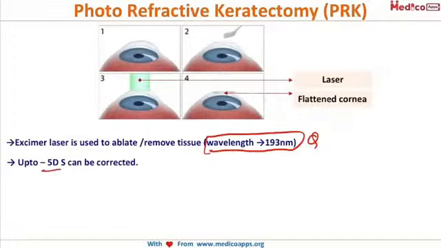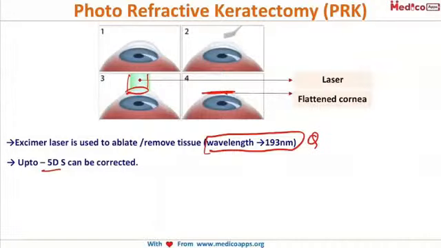What you do is, you can see from this picture that the laser beam is focused onto the epithelium of the cornea and it is ablated. This cornea is removed and this results in correction of the refractive error up to -5 diopter sphere.